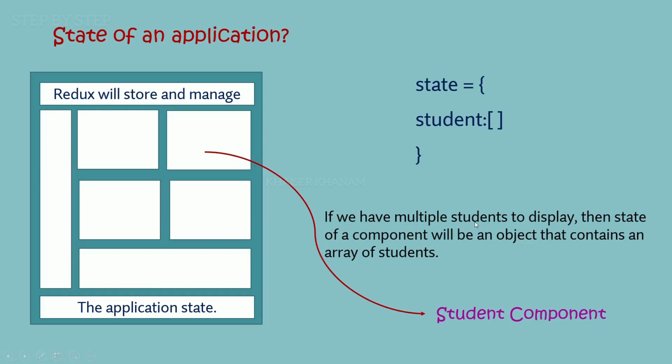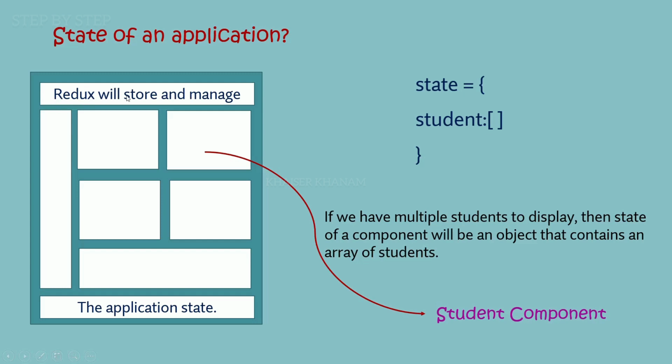You can see if we want to display multiple students, then the state of a component will be an object that contains an array of students. You should always remember our state is nothing but an object, and if I want multiple students, then it will contain an array of students.